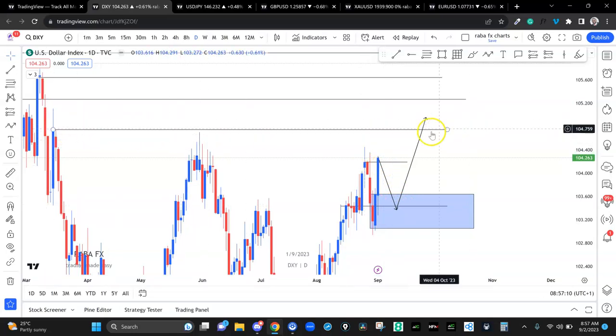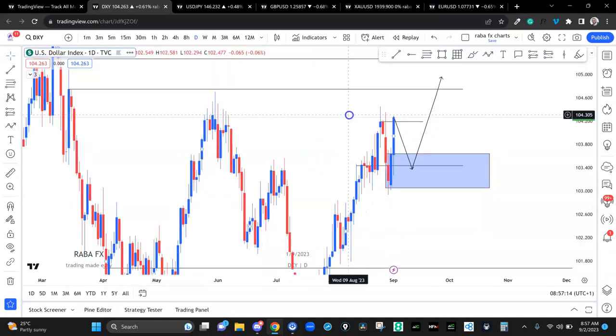Then I'll be worried about this level for a potential move to the downside. Okay, so that is that on euro. So that is that on the US dollar index. So from the US dollar index, we can see that price needs to go higher. That is, euro USD is strong. That means the US dollar is strong.